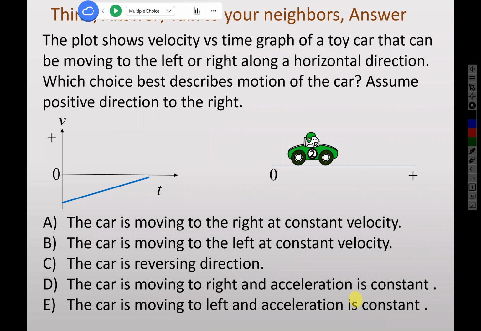Anybody else? Yeah, it is difficult to grasp, but remember what we are trying to do here. We are trying to translate motion into graph. In this particular question, we are trying to translate graph into motion, okay? And another skill we are learning is to translate motion into equation.